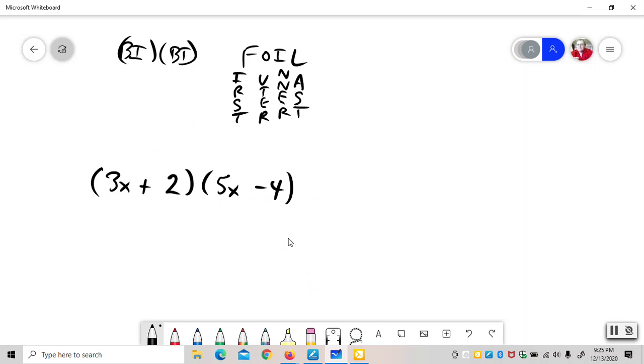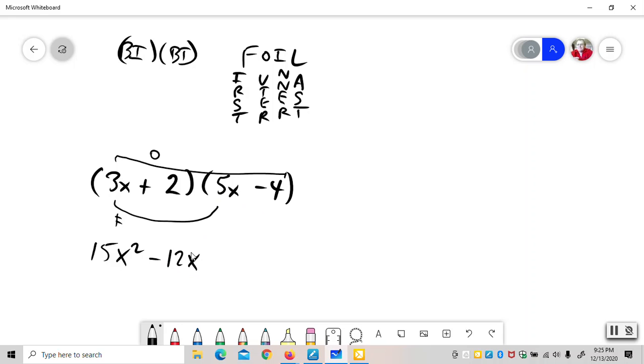FOIL is an acronym to help us understand how to do this easily, and it just means you take the first two terms. 3 times 5 is 15. X times x is x squared. That's the first. Then you take the outer, the ones all the way on the ends. 3x times negative 4 is negative 12x.